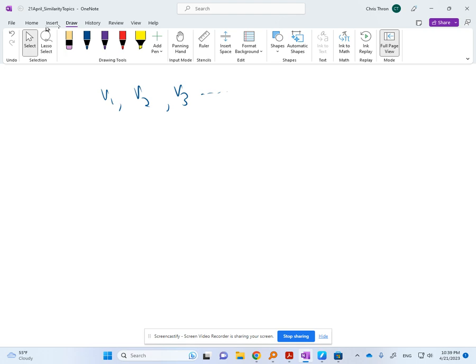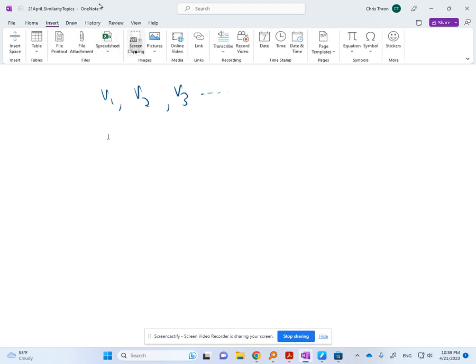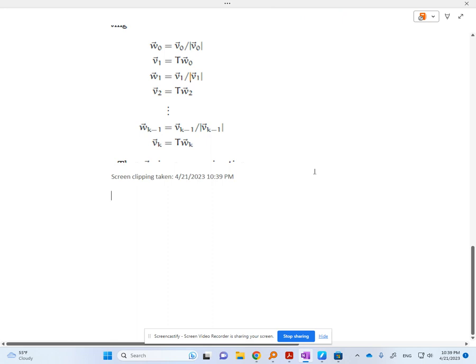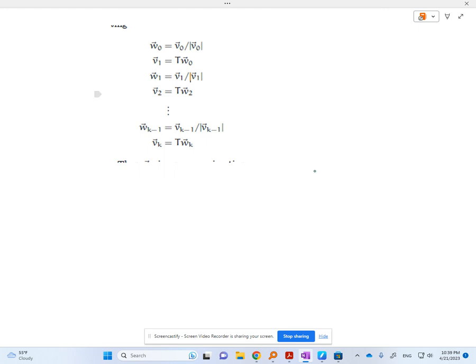Screen clipping. Okay. Right, now what's happening here? All these W's are unit vectors.